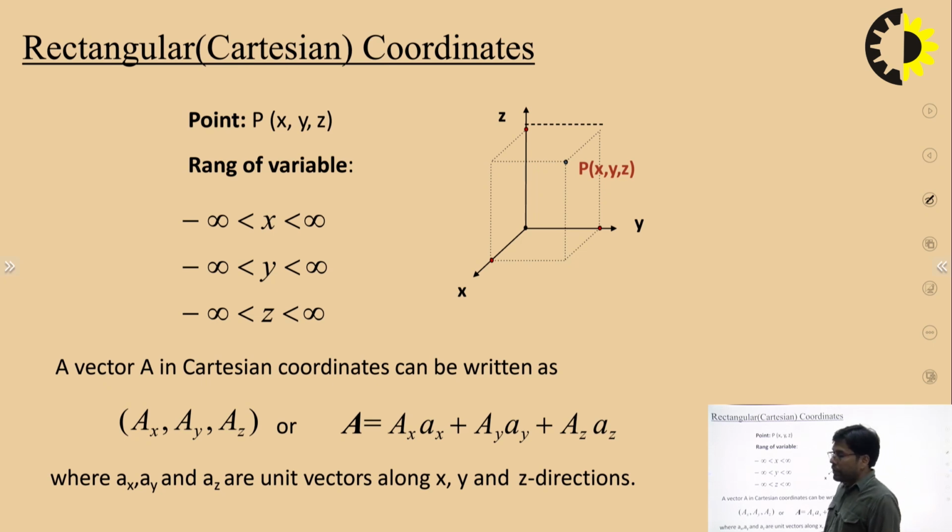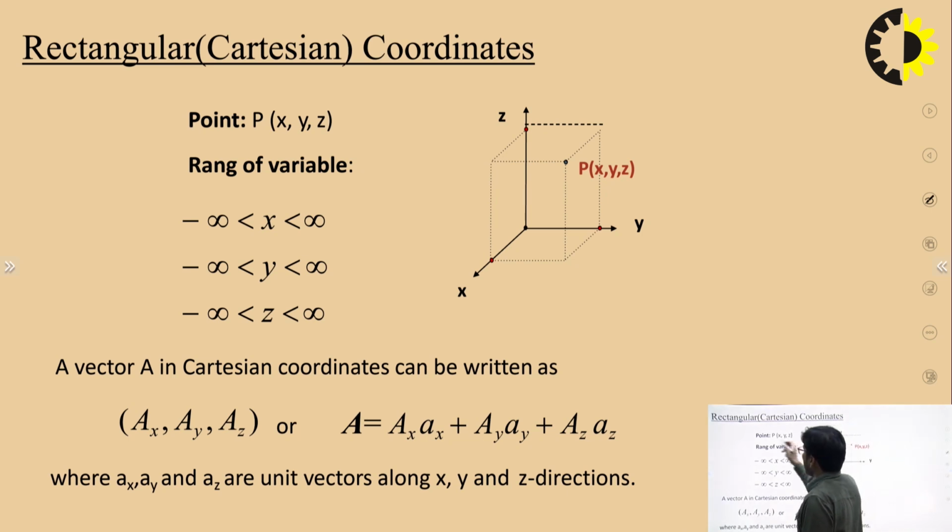So as we know, a point P in the Cartesian coordinate system is represented by x, y, z. These are the coordinate variables x, y, z, and we need to understand how much variation x, y, and z have.